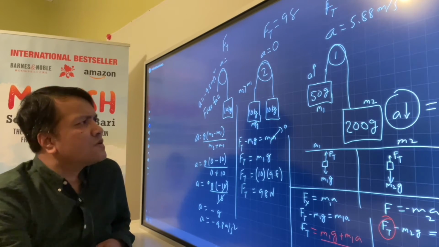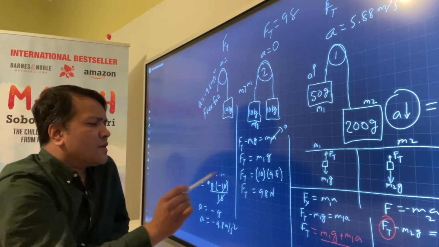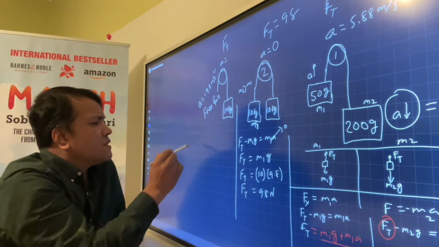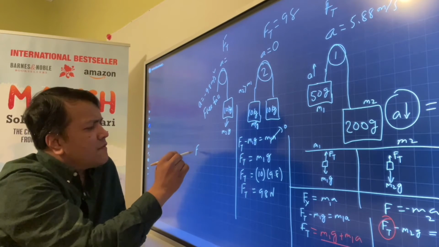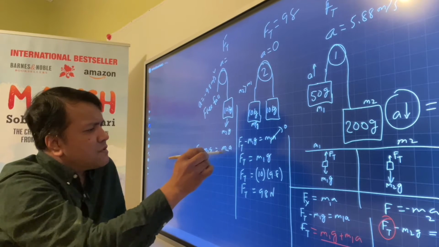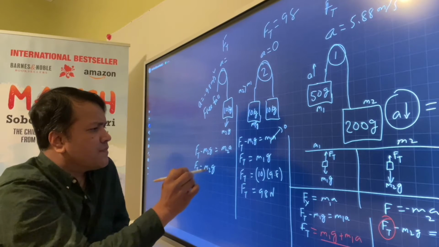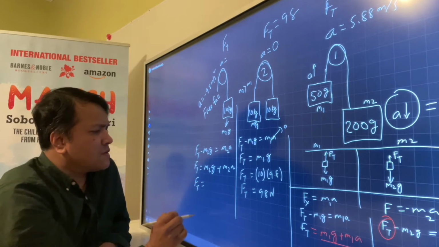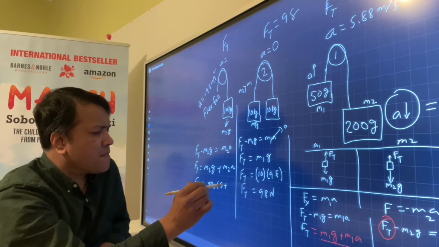All right, so now we can find the tension force on the rope, and you can only imagine tension force has to be 0 here. So this is m2g, so Ft minus m2g is equal to m2a. So Ft is equal to m2g plus m2a. Ft is equal to m2 times g plus a.